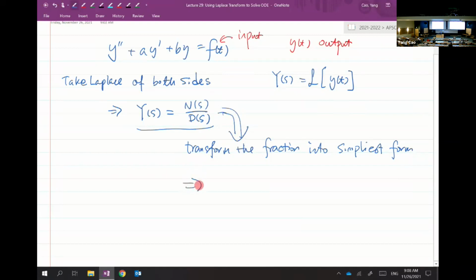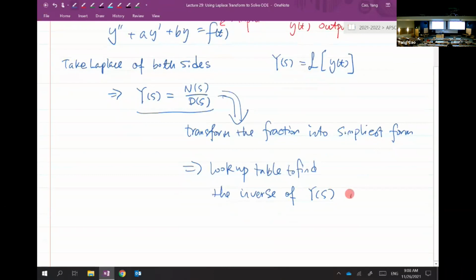And then the next step is you can look up the table and find the inverse of Y of s, which is basically y of t.